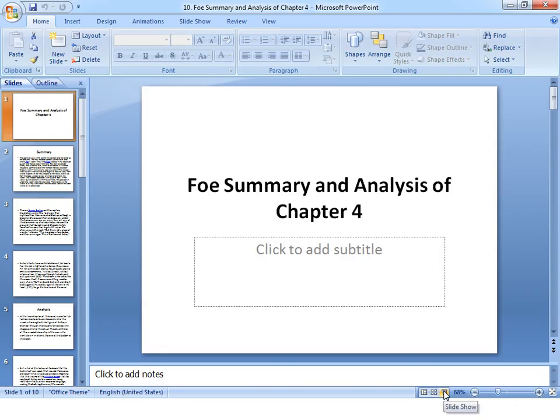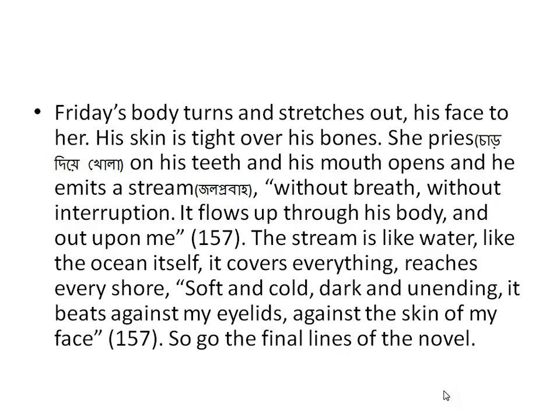That means Friday was looking towards the narrator, and Friday blows a storm, and the storm gets a wave. A wave comes at first towards the narrator, and next time, the stream like water, without interruption, flows through his body and out upon me.